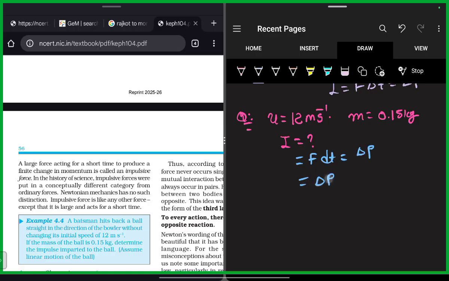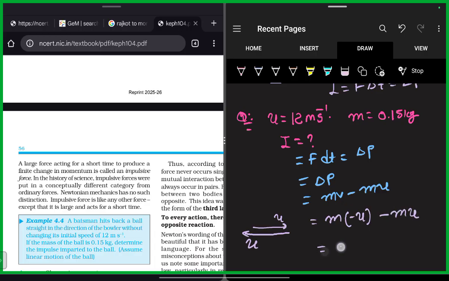So if we can find out change in momentum, we can find out impulse. That will be mv minus mu. They are clearly saying that the batsman is hitting the ball in the same direction, so the velocity would be minus u, and that will be minus 2mu.